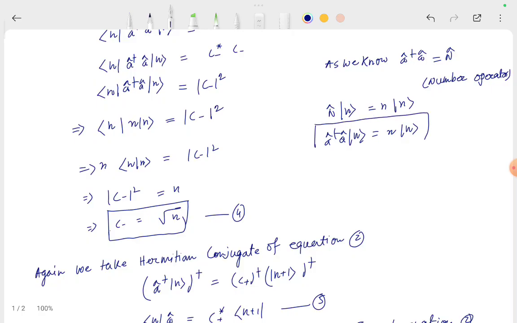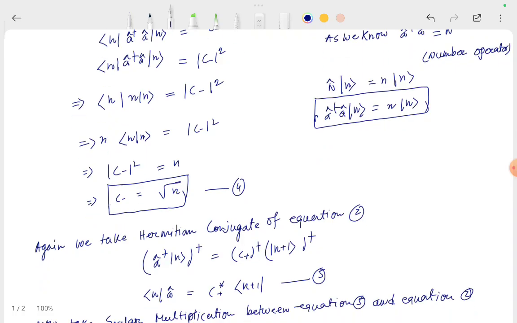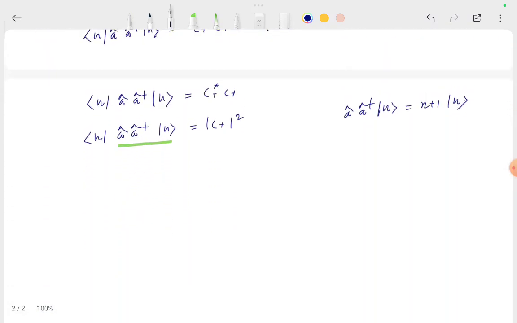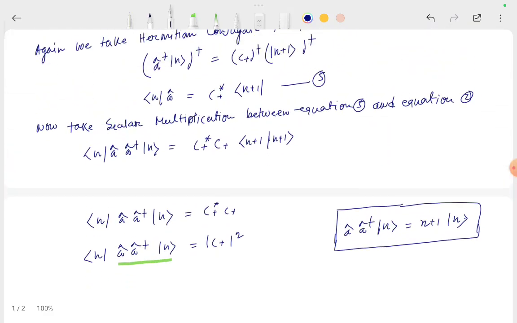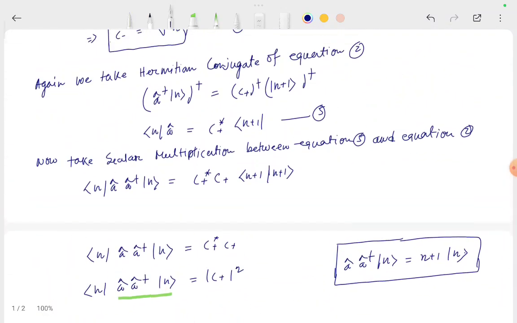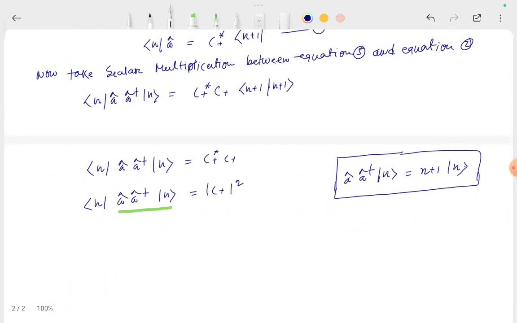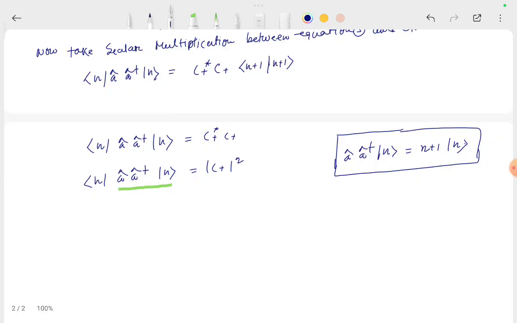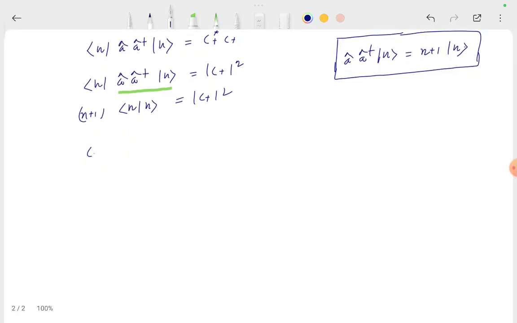Just these two values are very important, please remember. We proved that also. Don't worry. So we get (n plus 1) into n ket, so |c plus| squared equals n plus 1, so finally we get c plus equals root over n plus 1.